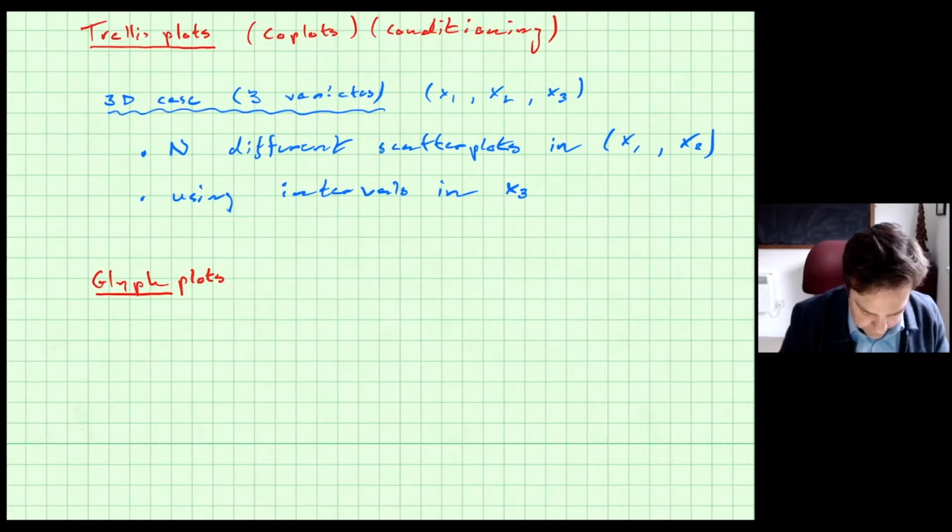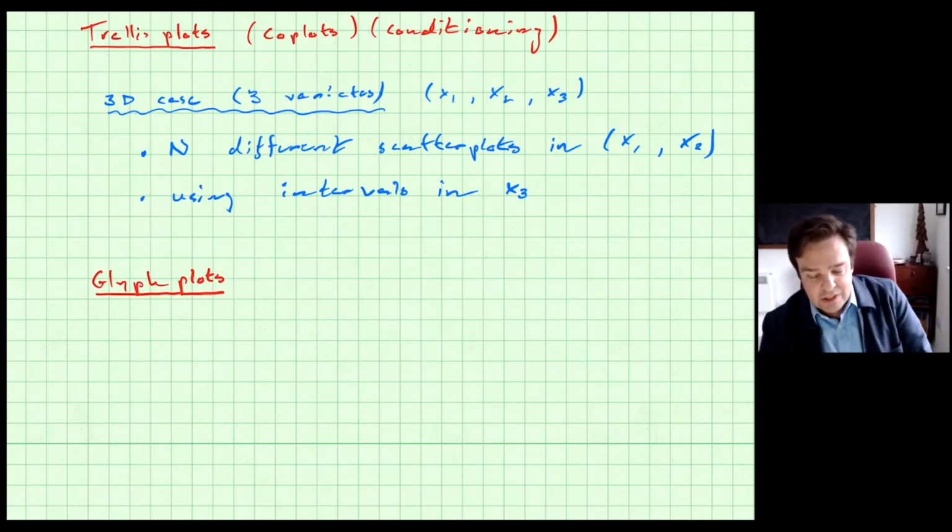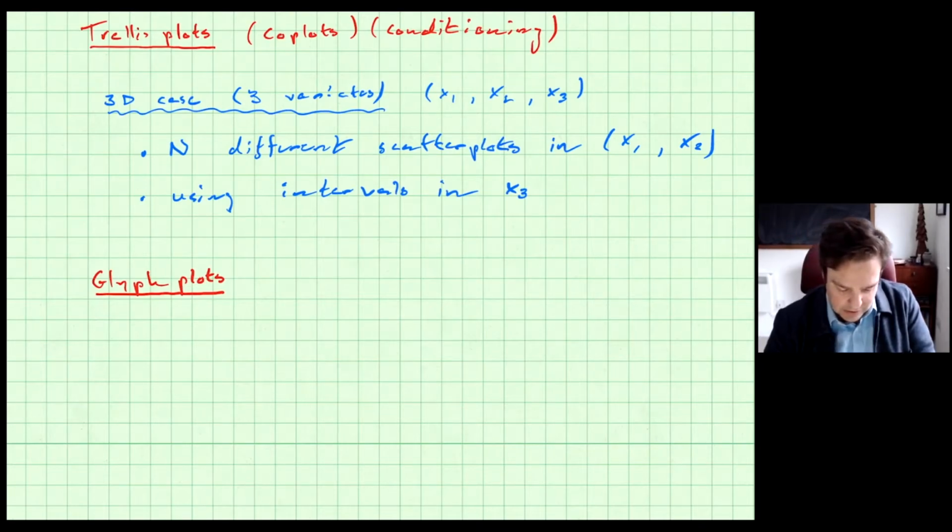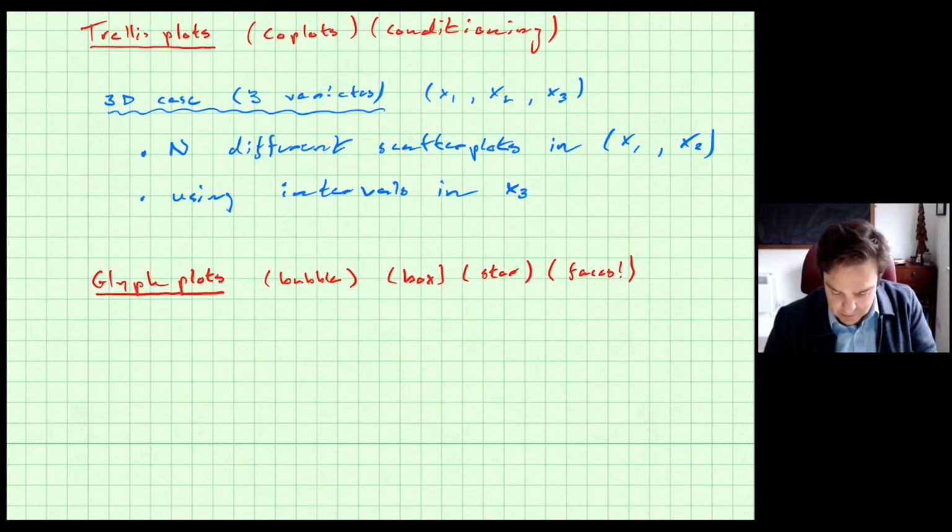And here glyph is meant to mean some sort of a shape or symbol, and that shape or symbol could be a bubble, it could be a box, it could be more exotic things, a star. And then we'll see also faces. And it gets more elaborate.